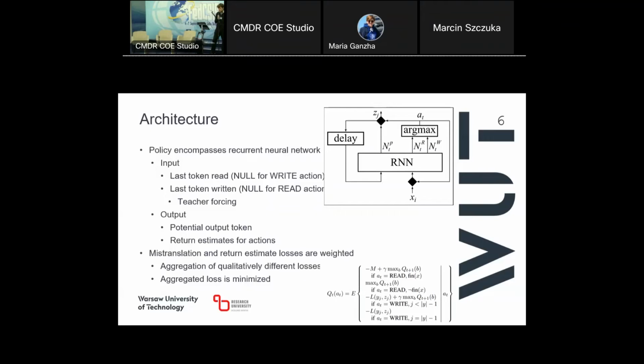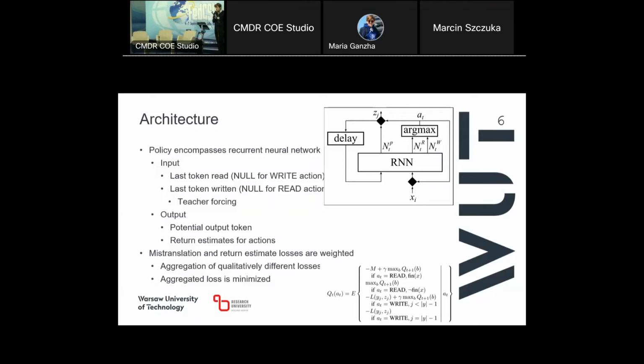But still we may want to write something. If we read and we haven't finished reading the input sentence, then we just take the maximum from the next time step. If we write and we are not at the end of the target sequence, we get minus the mistranslation loss and the discounted value of the next action. And if we are writing the last token, we just get the mistranslation loss.